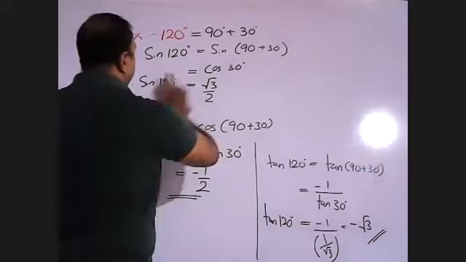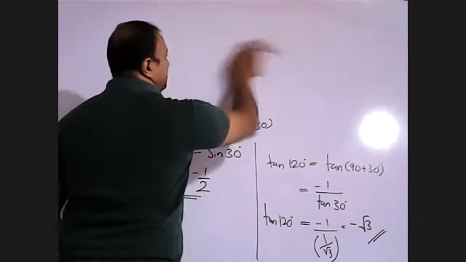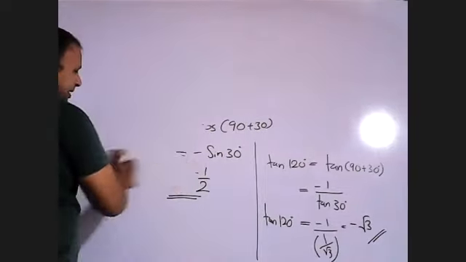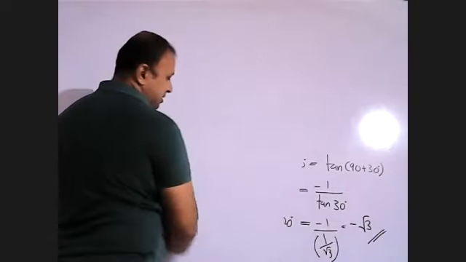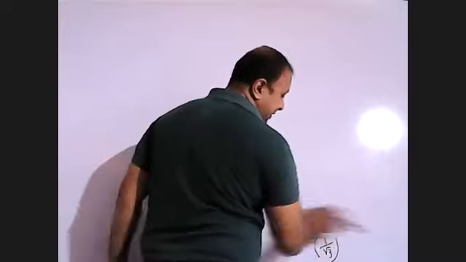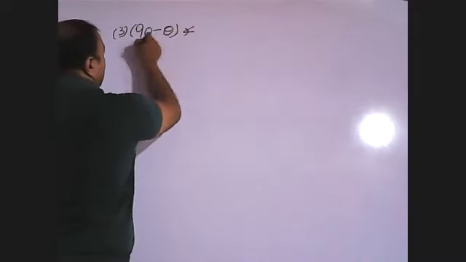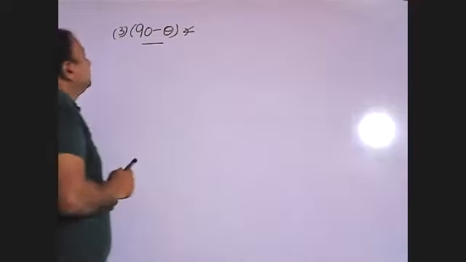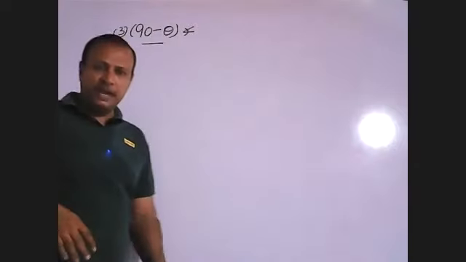The first one is minus 30 theta, then the second one is 90 plus theta, then the third one is 90 minus theta angles. 90 minus theta means theta is an acute angle.